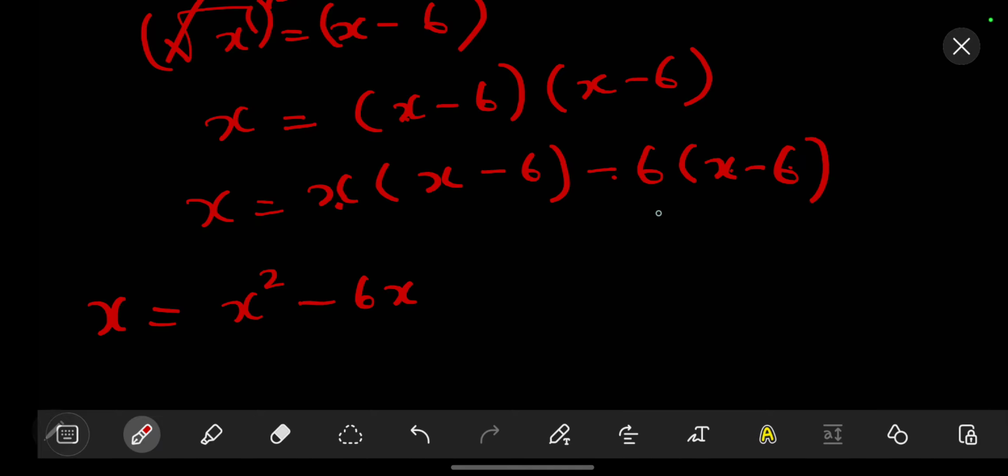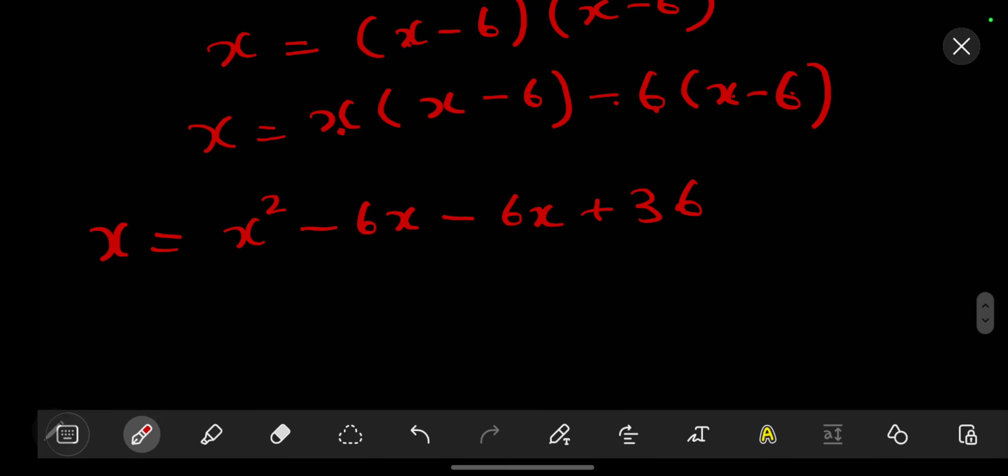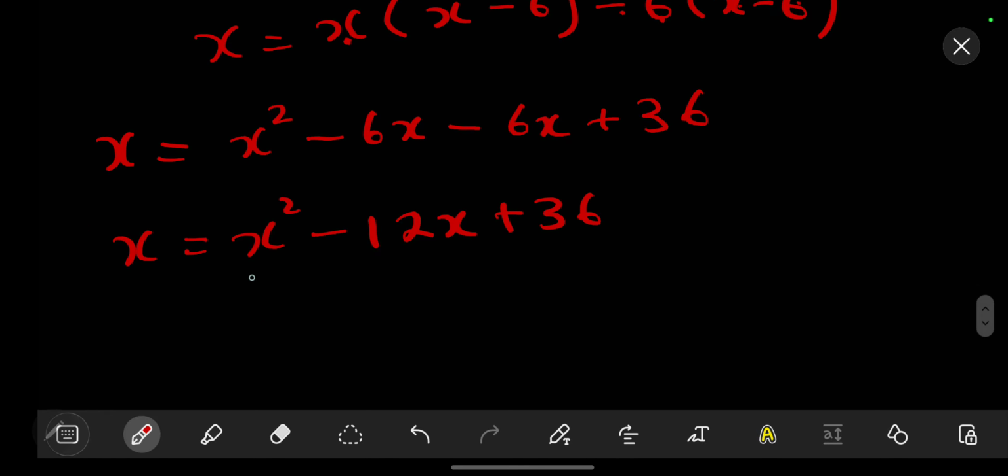Negative 6 times x will be minus 6x. Negative 6 times negative 6 will be plus 36, like that. So when we do that, we are getting x should be equal to, we have x squared minus 12x plus 36. So we are going to take this x this side.